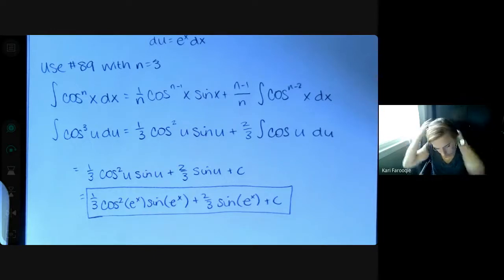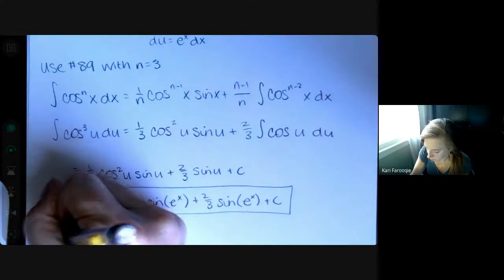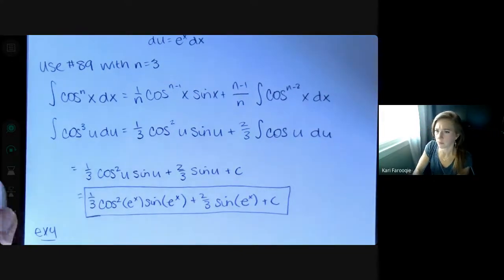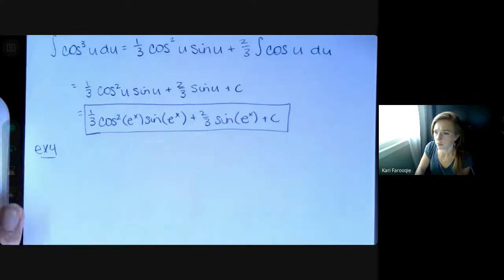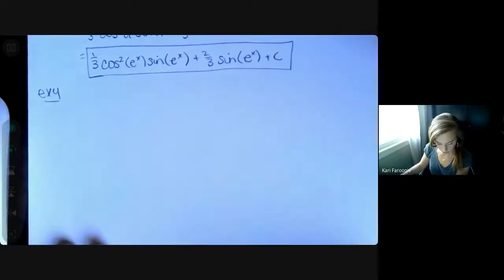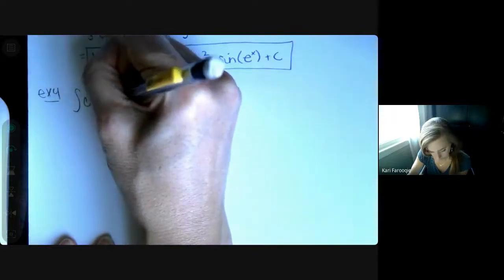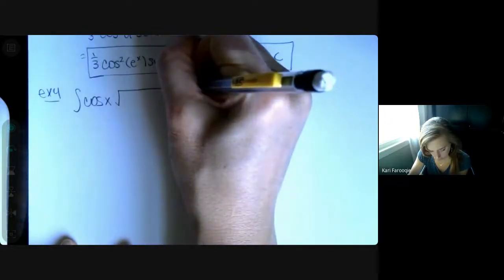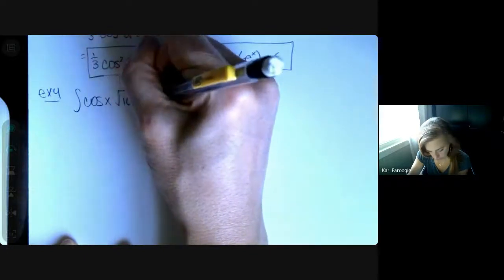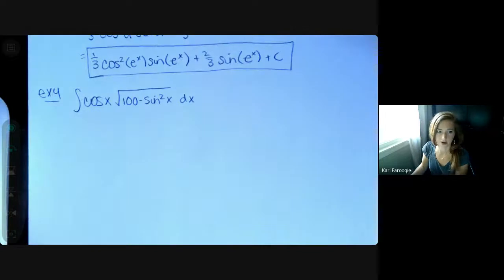Okay, so the other one I was going to show you is example 4. This is the integral of the cosine of x times the square root of 100 minus sine squared x dx.